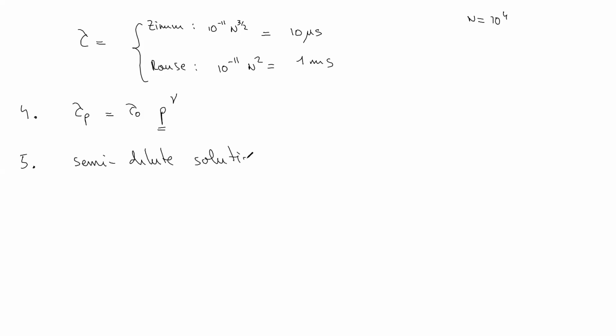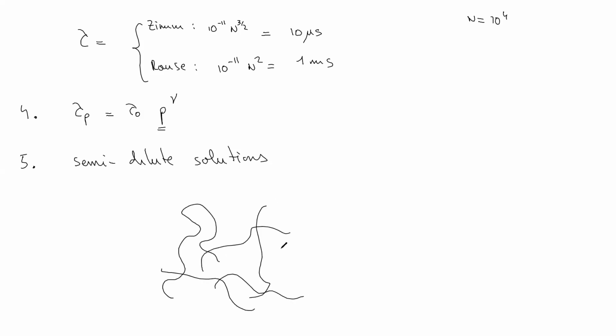What we did previously, we said that in a solution, you start to have chains that feel each other. So you have some kind of length scale that appears in the problem. We called that psi, not the damping coefficient here, it's the blob size. Let me change the name, it's not very good. So it's the blob size, LB.